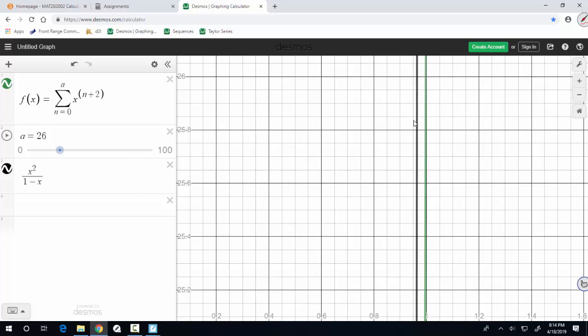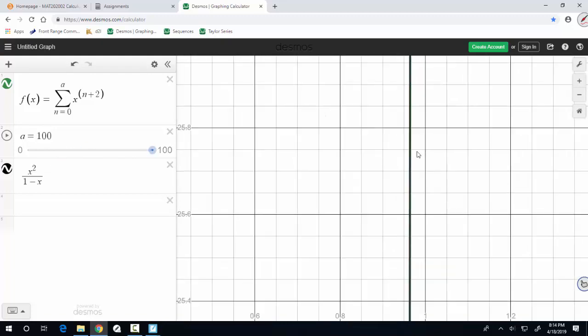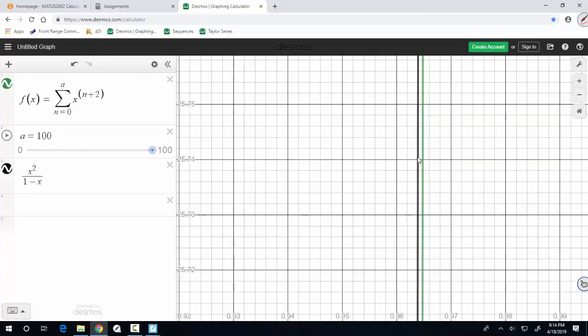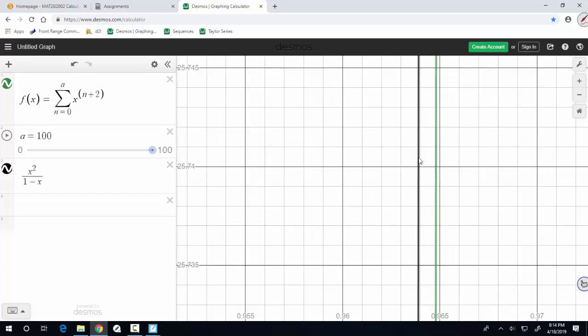In order for it to be exact, we have to add infinitely many terms. So even here, with 100 terms, you see that it's not exact, but the difference between the function and the series is relatively small. 25.736. This is 25.737.